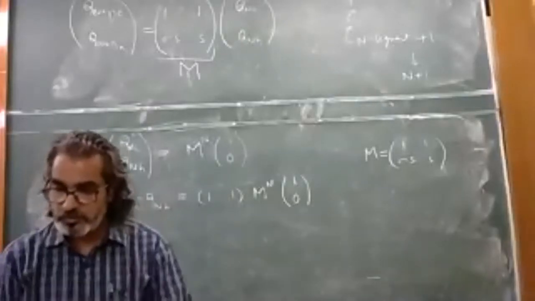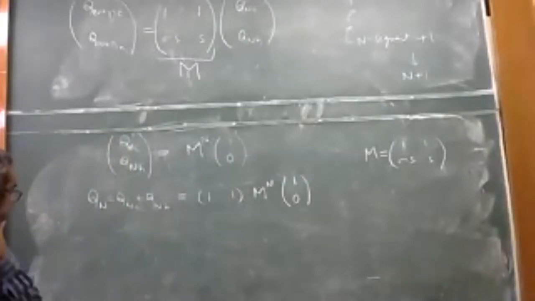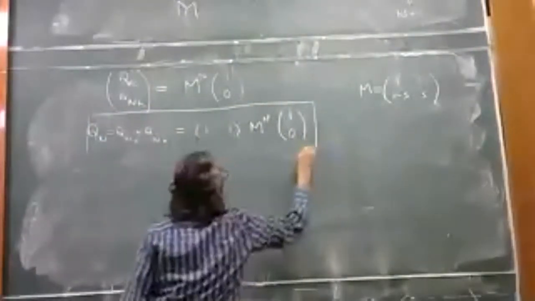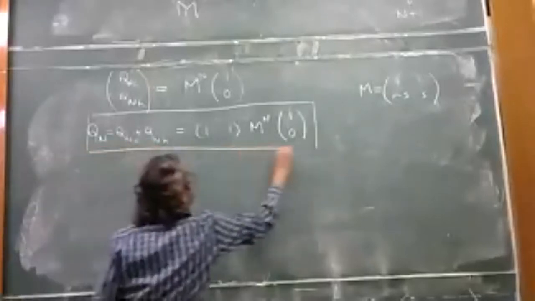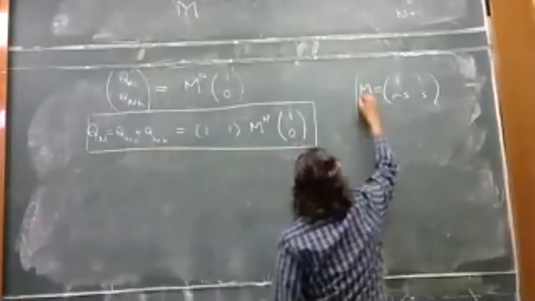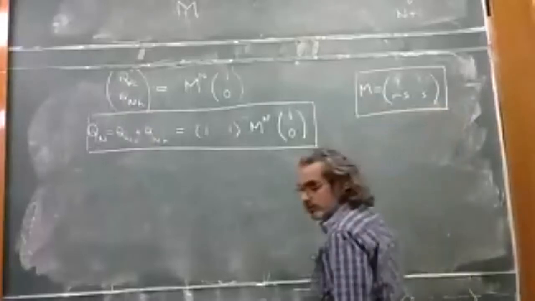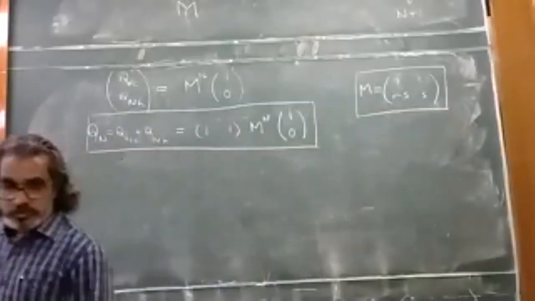Okay, but let me see who has followed this, because this is an important thing. Okay, so this partition function is finally written in terms of a simple matrix containing elements sigma and s.